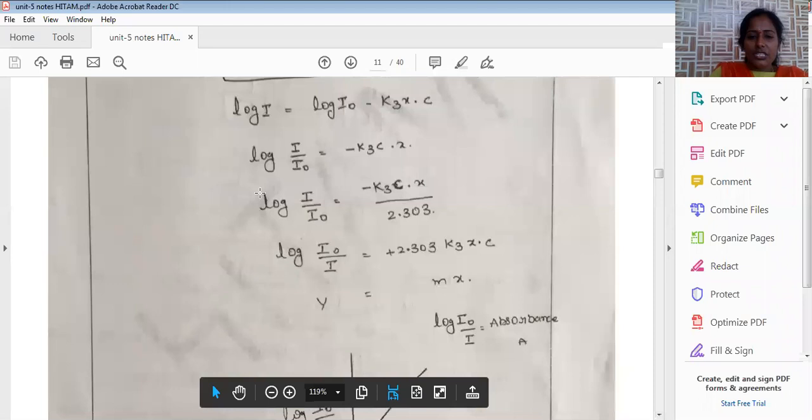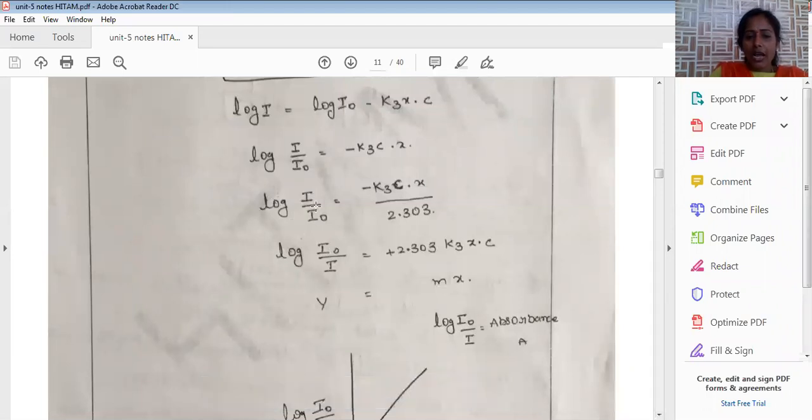When the total equation is inverted, log I naught by I is equal to 2.303 by minus k3x. So when minus k3x goes up, it becomes plus k3x. That's why the equation is in the form of log I naught by I is equal to plus 2.303 k3xc. Okay, so in this way we can write the equation.